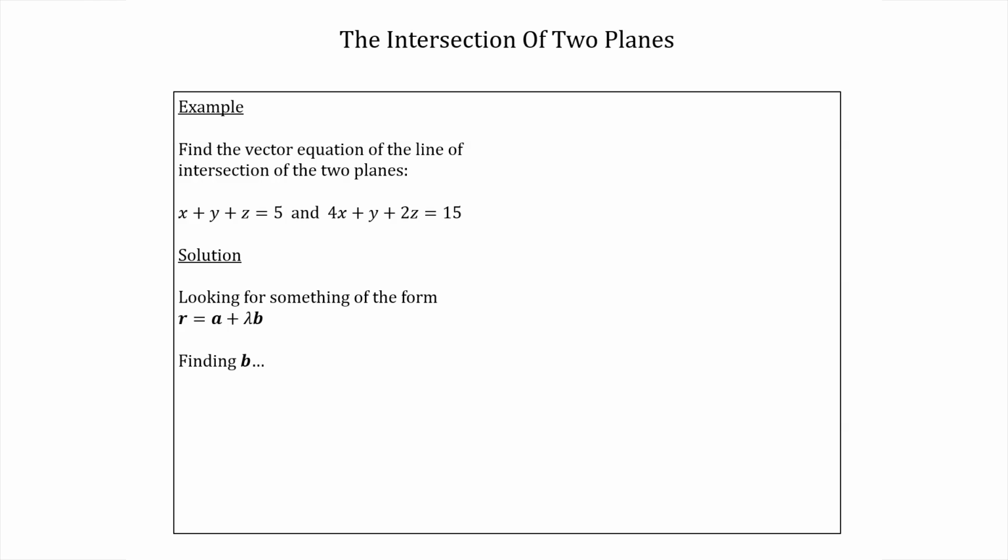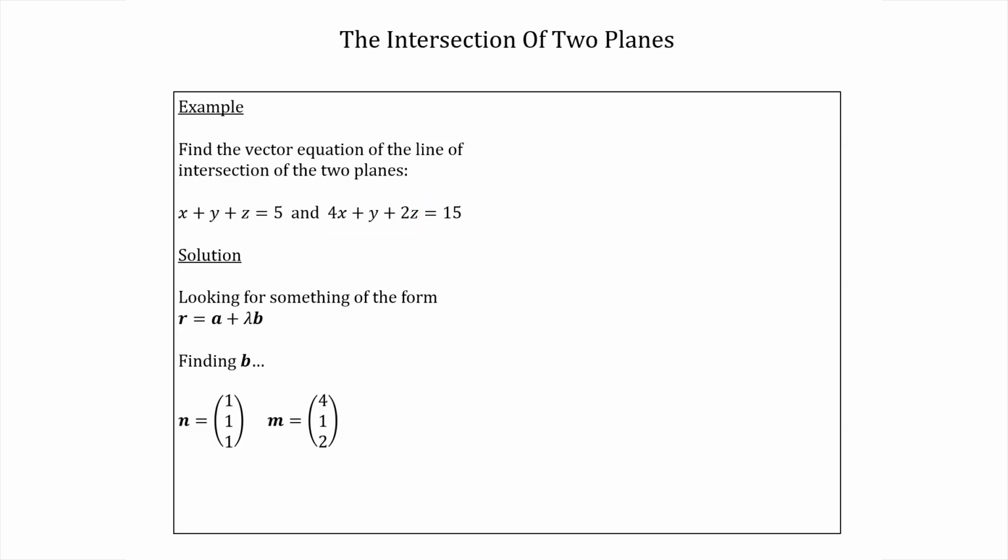We find these vectors by taking the coefficients of x, y, and z from the plane equations. So, for the normal to the first plane, let's call it n, we use these coefficients. Hence, n equals 1, 1, 1. For the normal to the second plane, m, we use these coefficients, and we get that m equals 4, 1, 2.